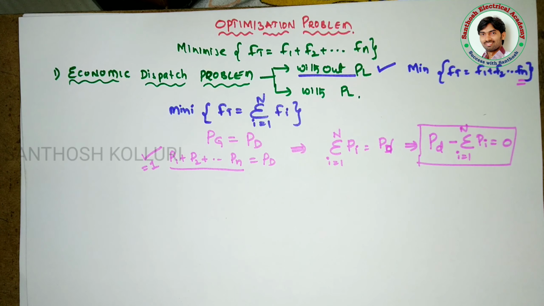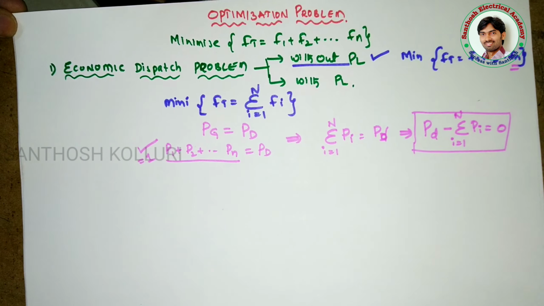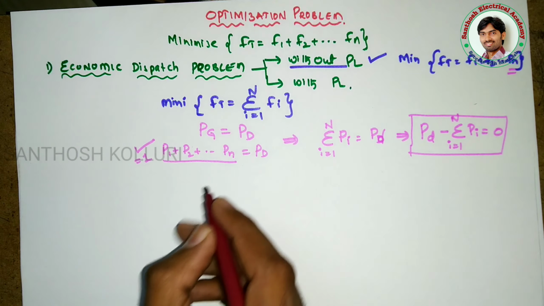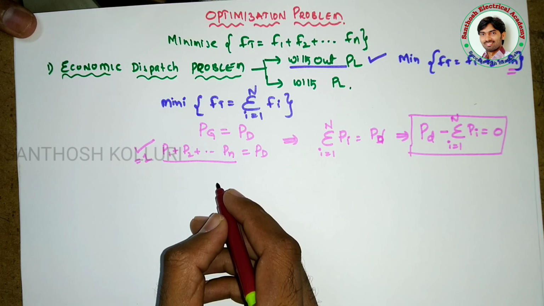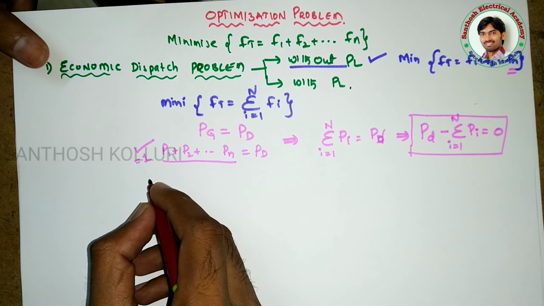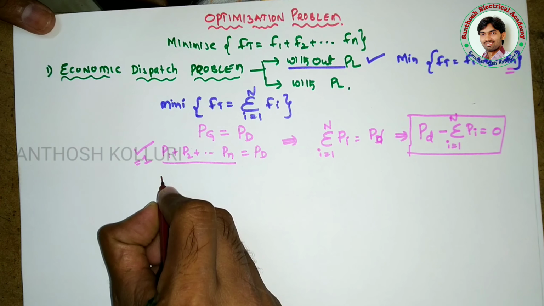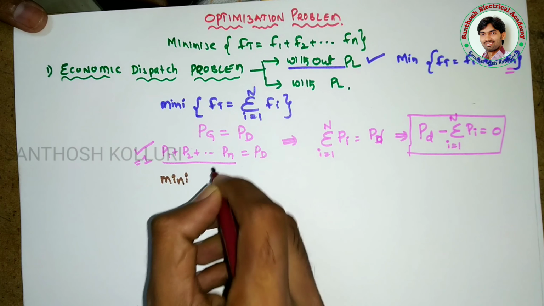Now after formulating this objective, I have to solve it by using any optimization technique to give the minimum fuel cost. I am considering one optimization technique, the Lagrangian multiplier method, by using the Lagrangian equation. My intention is to minimize the fuel cost.